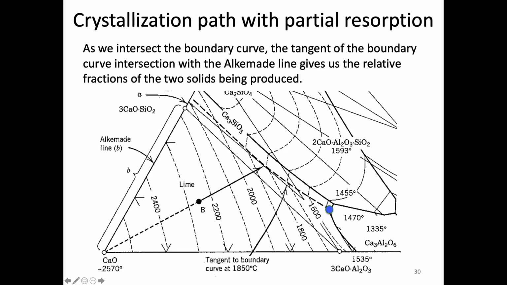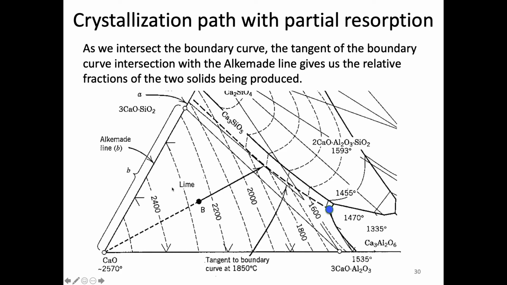And the important characteristic here is that we want to see where it is relative to the alite line. In this case, it intersects outside of the alite line. And this tells us that we aren't producing both solid phases, because if we were, our line would intersect in the middle of those two phases.